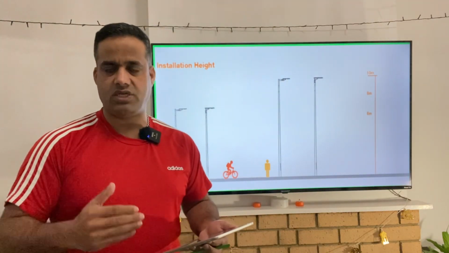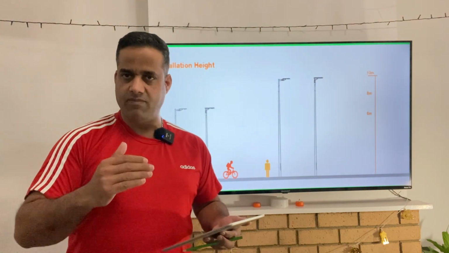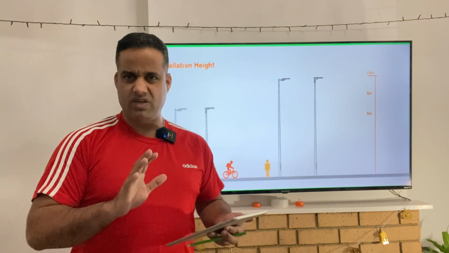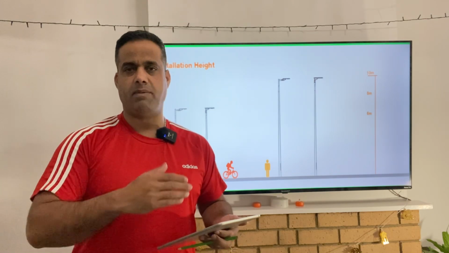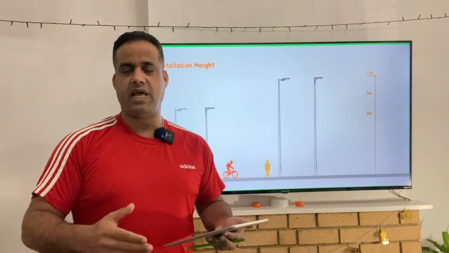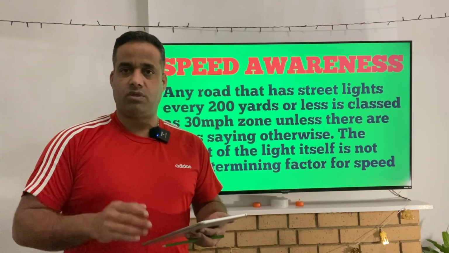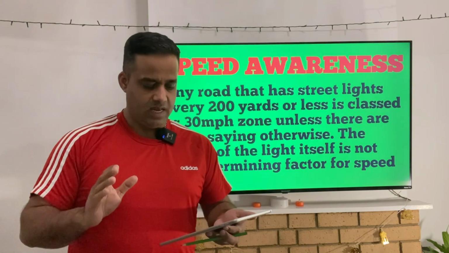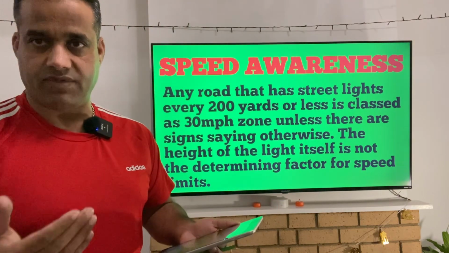Okay, so street lights, there are different types of street lights. They could range from 5 meters up to 10 or 12 meters as well. On average, they are about 5 to 6 in the built-up area, and on the high-speed roads, that could be higher. Okay, so the height of the street light is not the determining factor to find out the speed of that road.